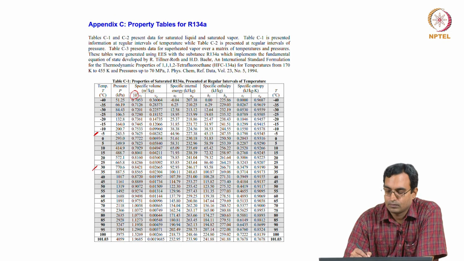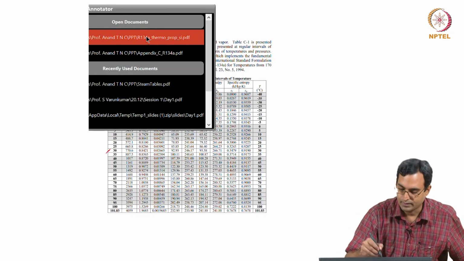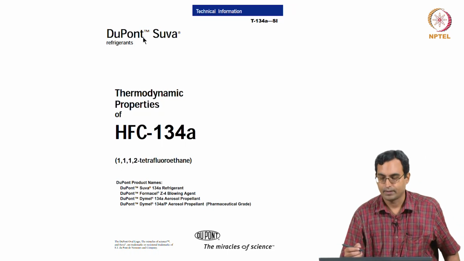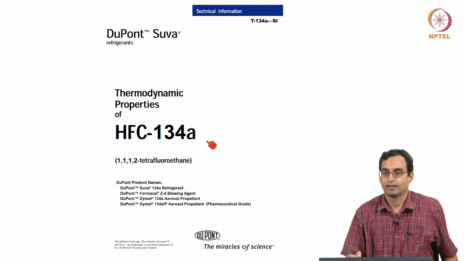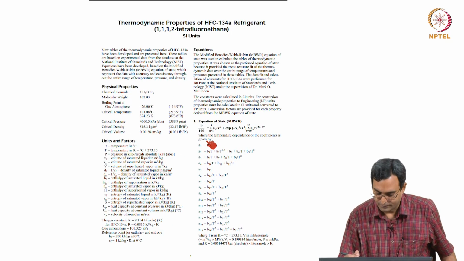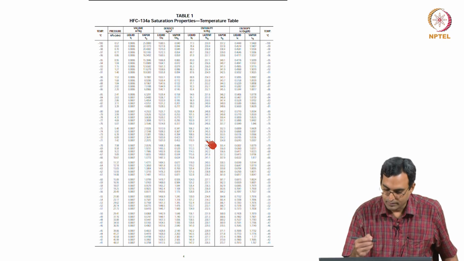So, if I take a value, for example, at minus 5 from this table and take a value for some other temperature from some other table. So, I have another table over here. This is also properties of the same substance.